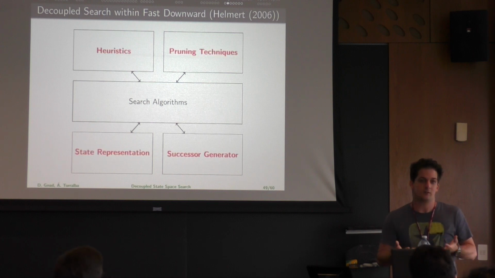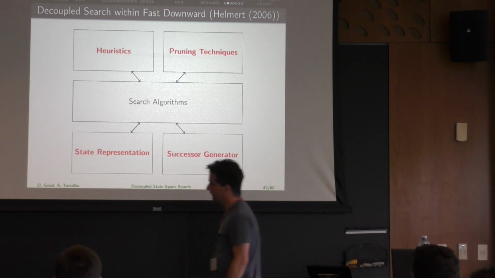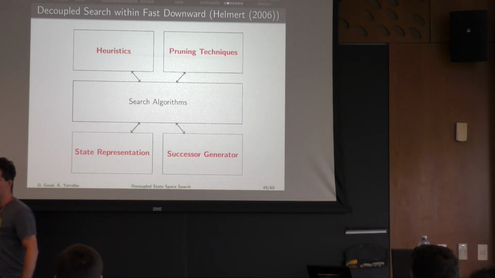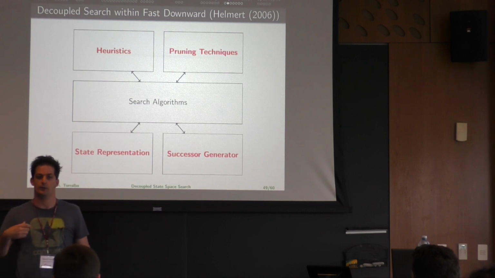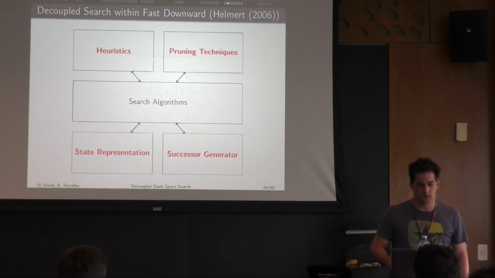The interesting thing is that everything that's marked red had to be adapted to run decoupled search. The search algorithms really not. This is modulo the adaptation that Álvaro was mentioning before with this artificial goal state. Obviously, we need to add this transition to be able to guarantee optimality.